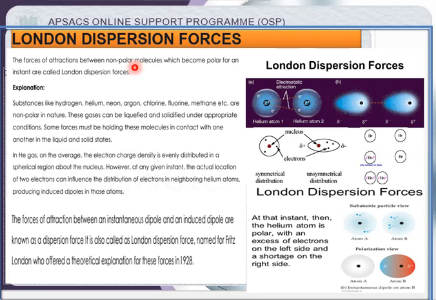These gases can be liquefied and solidified under appropriate conditions. Some forces must be holding these molecules in contact with one another in the liquid and solid state. The force of attraction between an instantaneous dipole and an induced dipole is known as dispersion force. It is also called London dispersion force.